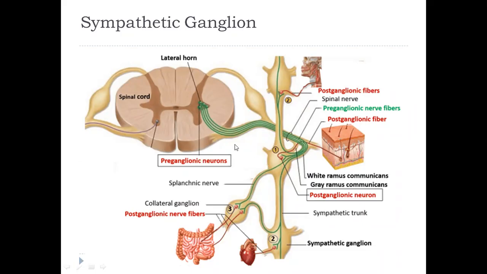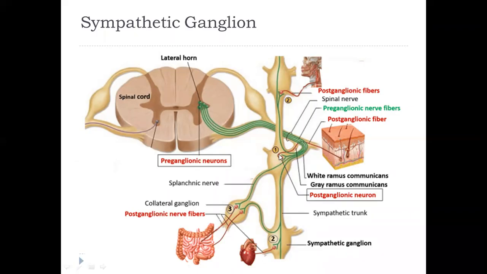From the spinal cord, there are fibers called preganglionic fibers, which will enter into the sympathetic ganglion through the structure called the white rami communicantes.